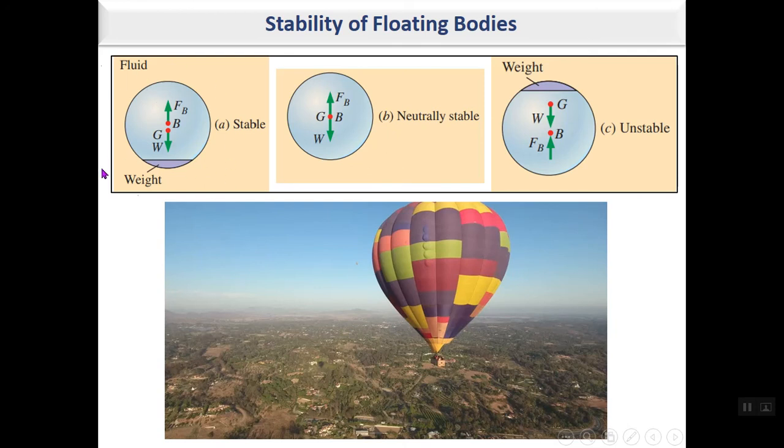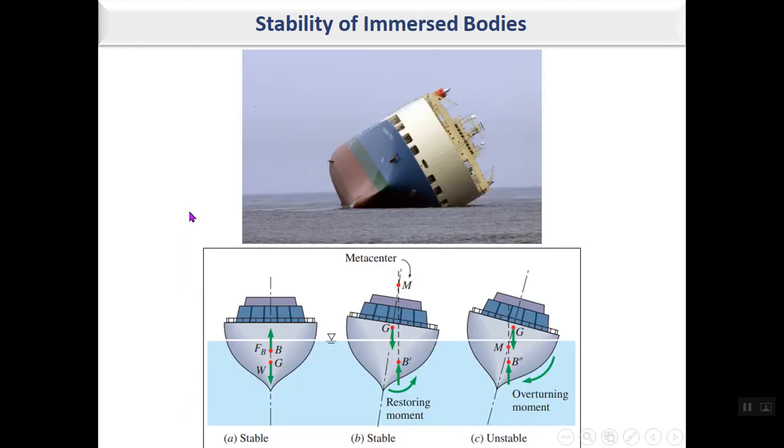So this is our interesting case actually, because this we like to happen. For this case, center of gravity should be below the center of buoyancy. But what about the floating bodies?